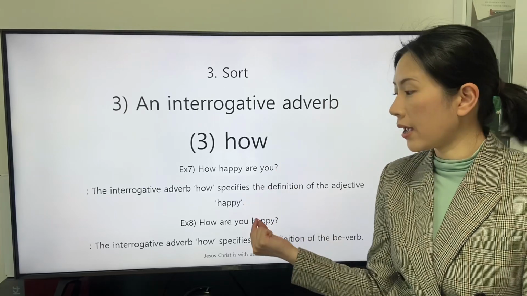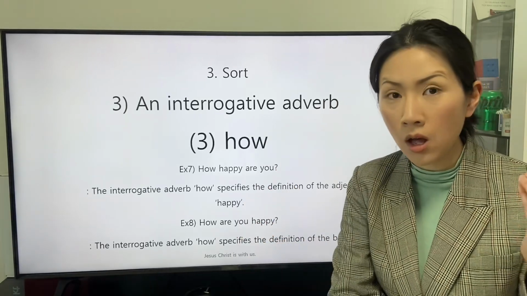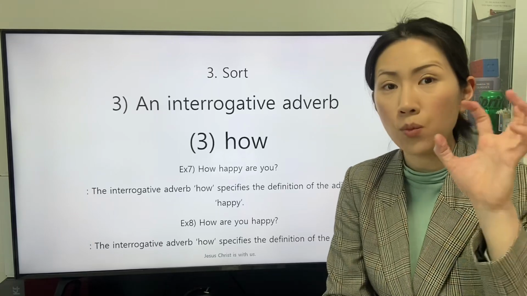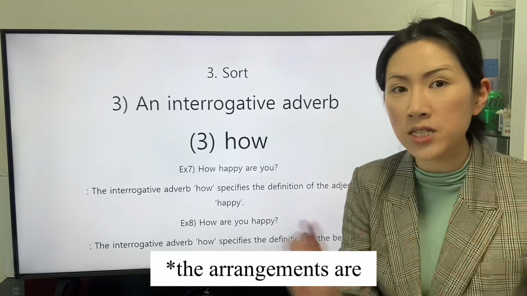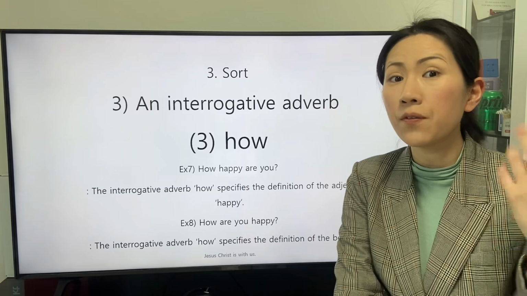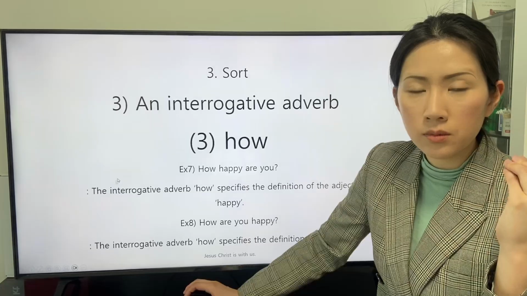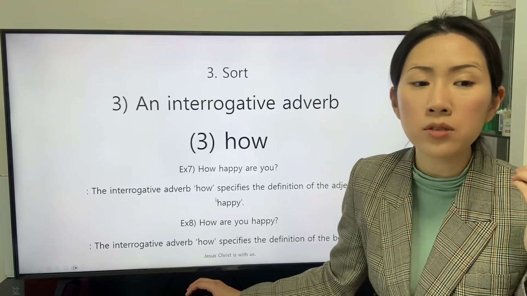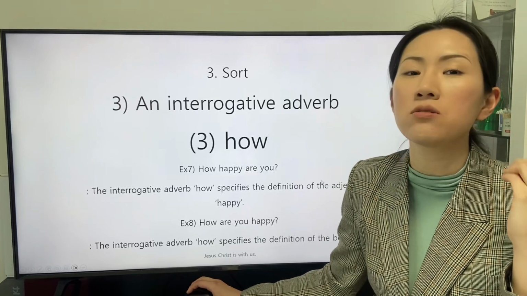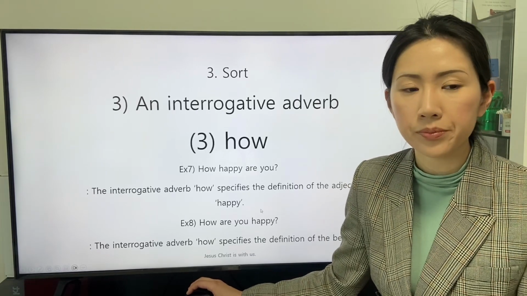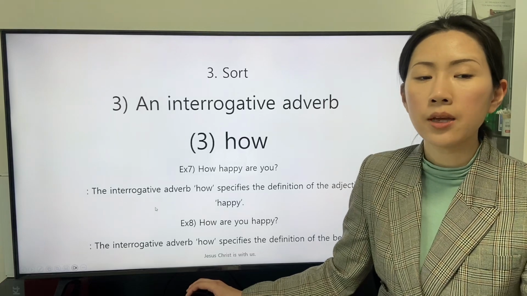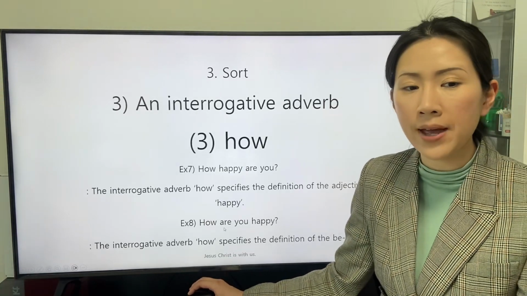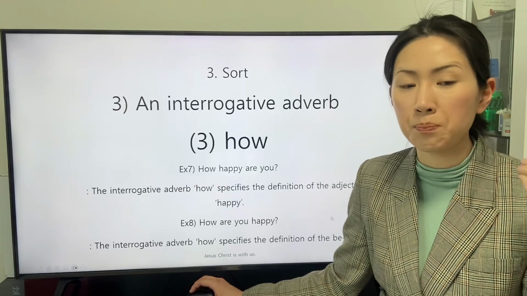The seventh and eighth clauses are constituted with the same word, but the arrangement is different. In the seventh clause, the interrogative adverb how specifies the definition of the adjective happy. In the eighth clause, the interrogative adverb how specifies the definition of the be verb.